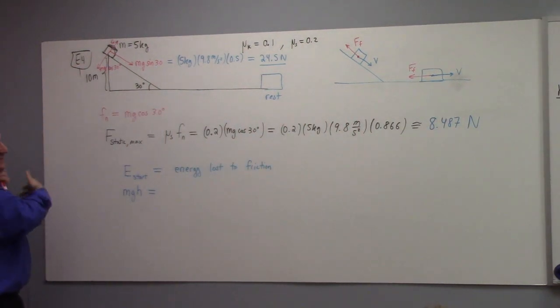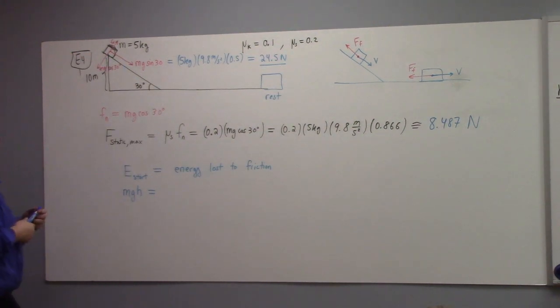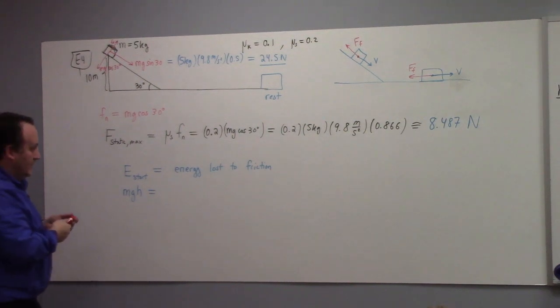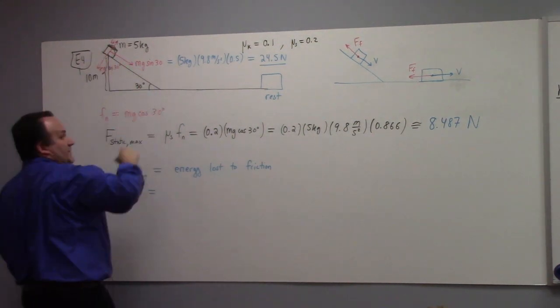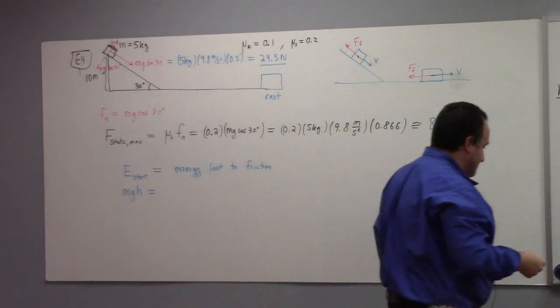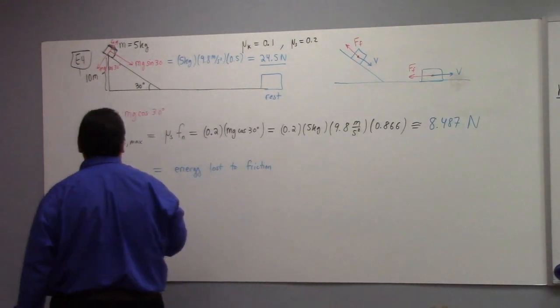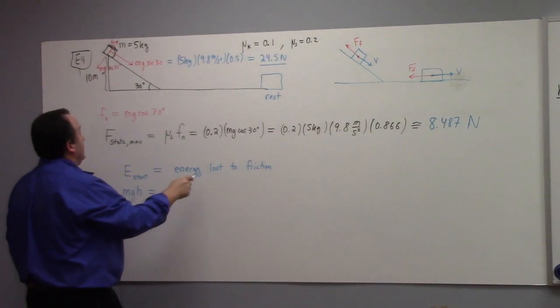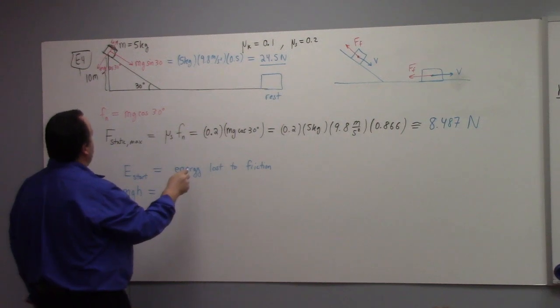So what is the force of friction here? On the sliding part, what's the force of friction? The normal force is mg cosine 30.